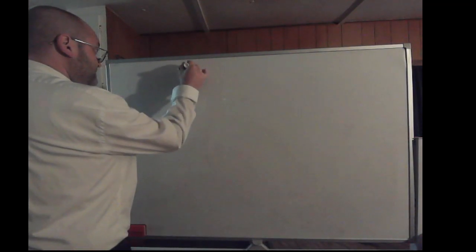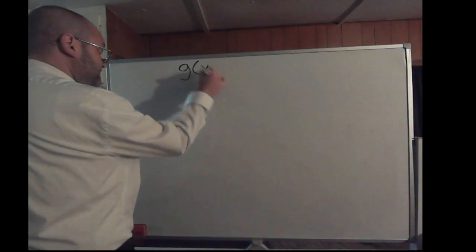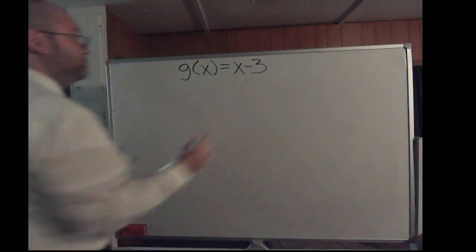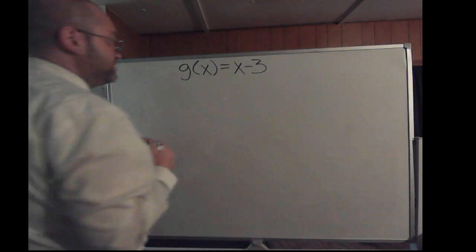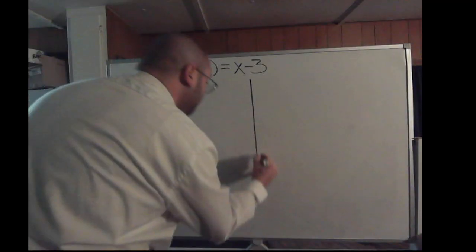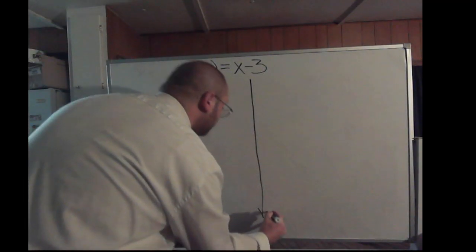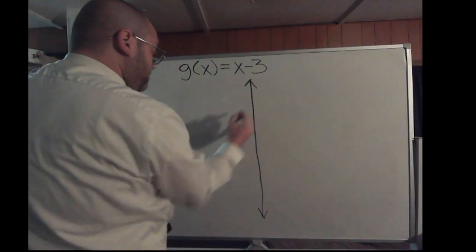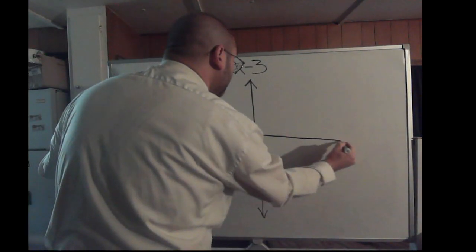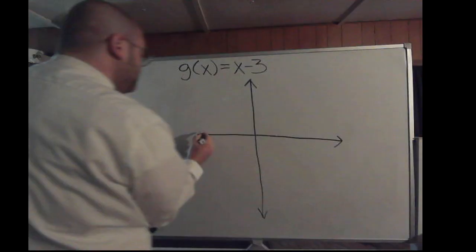Alright, so let's say we have one such as g of x equals x minus 3. So we have g of x equals x minus 3. Well, I'm going to go ahead and draw my coordinate plane, because as it turns out we are about to graph this too. We're going to graph this function, and I'm going to show you what it means by linear. You'll see exactly why it's called that.